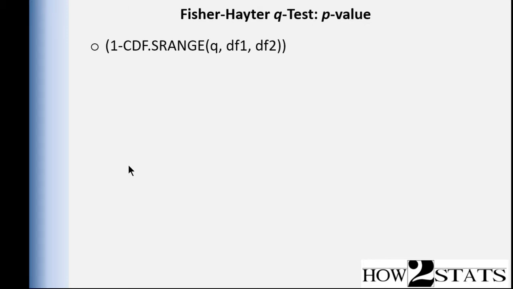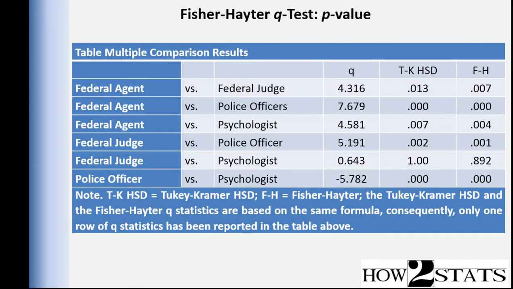Now, I report in the textbook the values associated with the Tukey-Kramer HSD for all the comparisons, federal agent versus federal judge, where the q was equal to 4.316 and the p-value was equal to 0.013 for the Tukey-Kramer HSD. And the Fisher-Hayter is equal to 0.007.